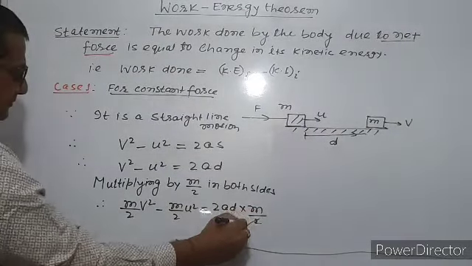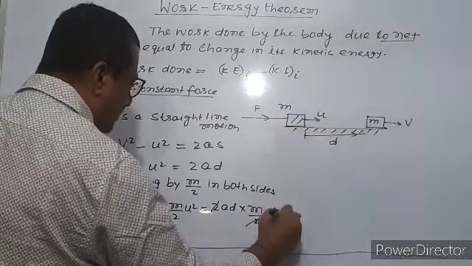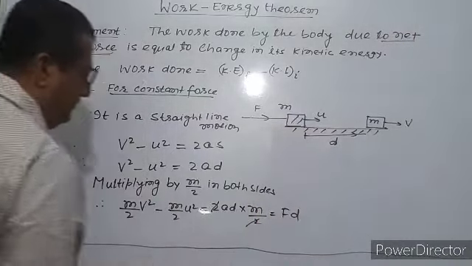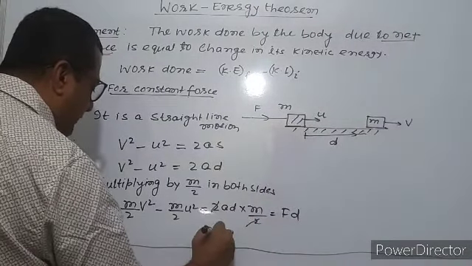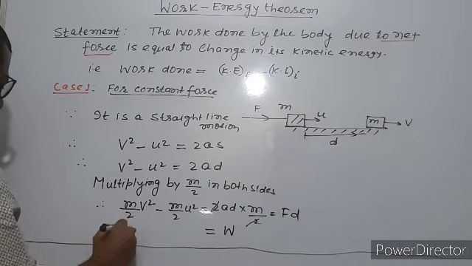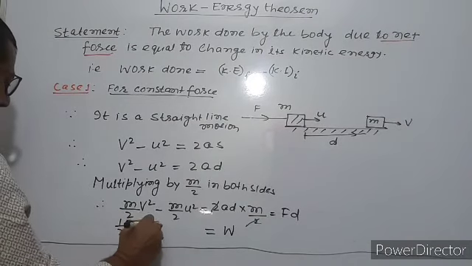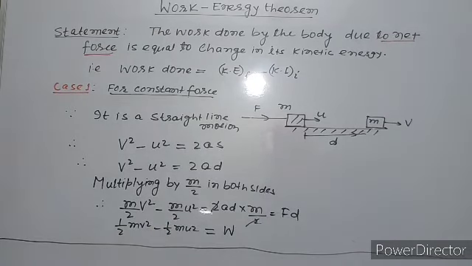2 is cancelled. Mass into acceleration is force, that is equal to Fd, and this Fd is the work done due to constant force, and this is equal to half mv square minus half mu square. It proves that kinetic energy final minus kinetic energy initial is equal to work done.